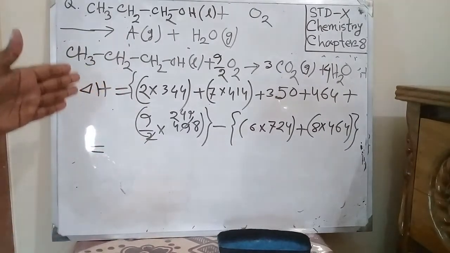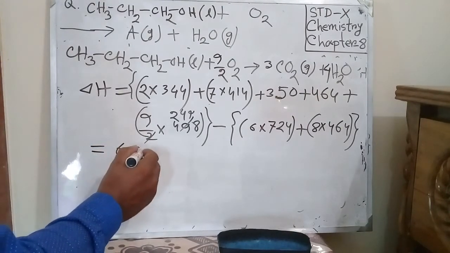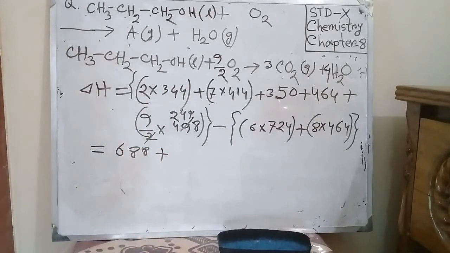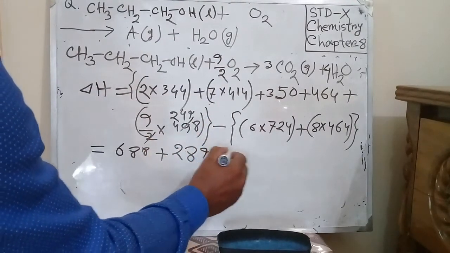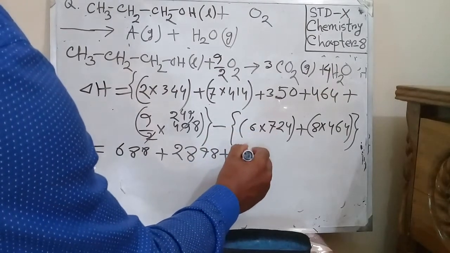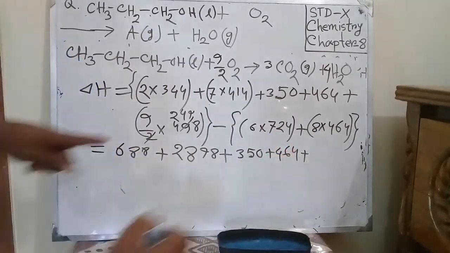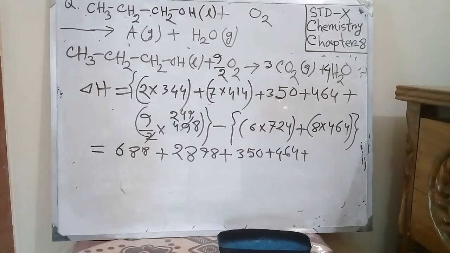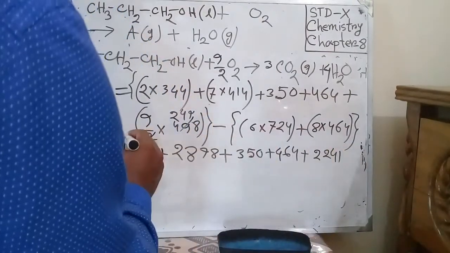Then just a simple calculation: we get 688 if I multiply 344 by 2, plus 7 into 414, that is 2898, plus 350 plus 464 plus, if I multiply 249 by 9, we get 2241.